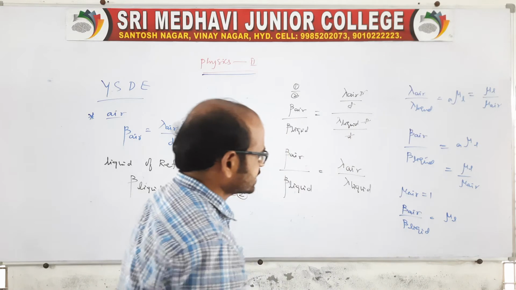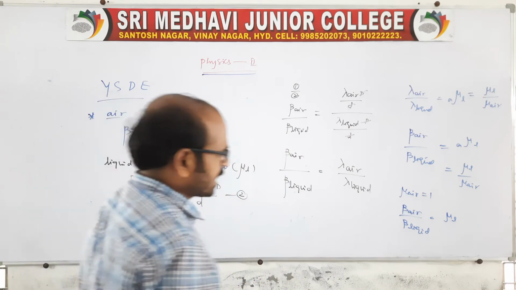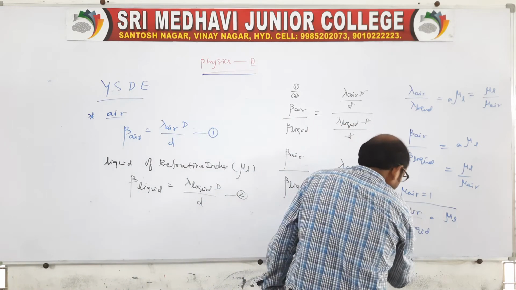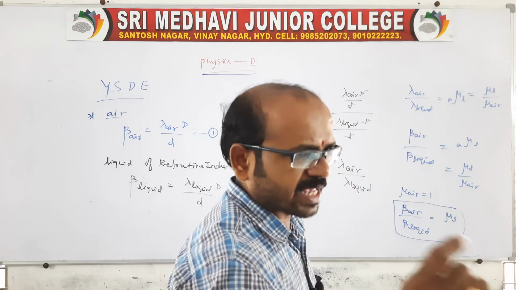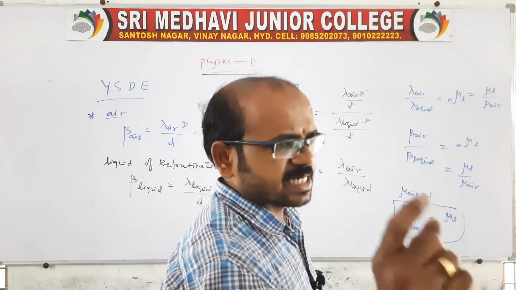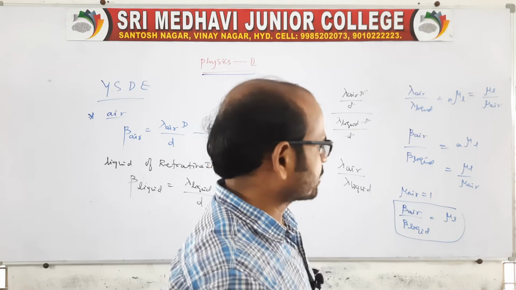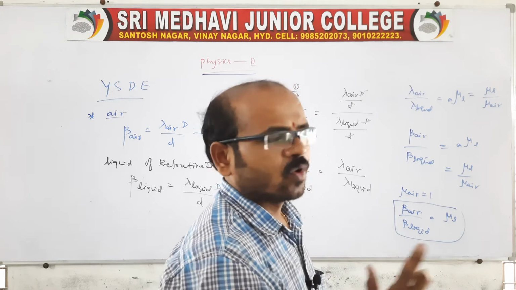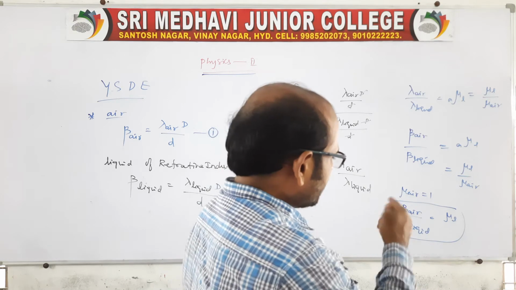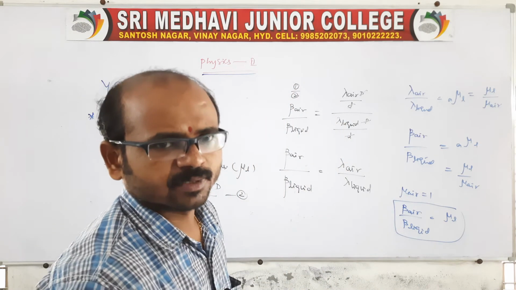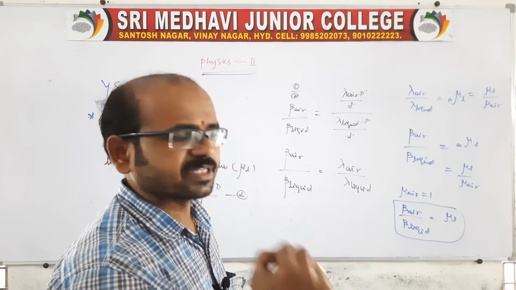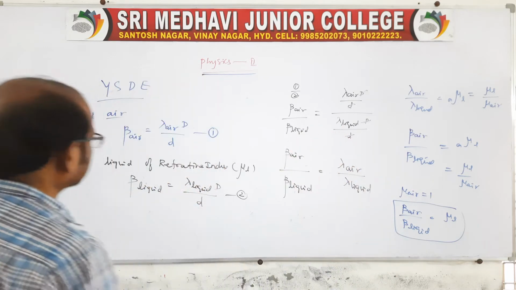In some of our other problems, they may ask like this. Suppose beta value in air is given, then sometimes they may ask you to find beta liquid, or if beta liquid is given, then we have to find beta air, the fringe width in air and the fringe width in liquid. So this is an expression related to what?